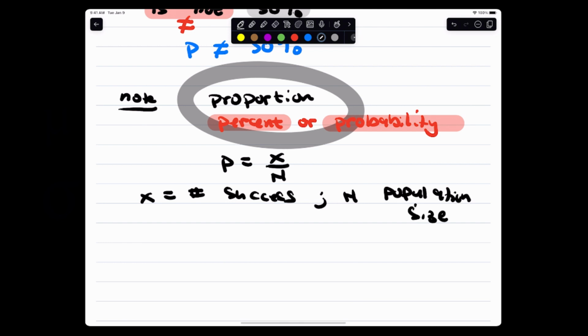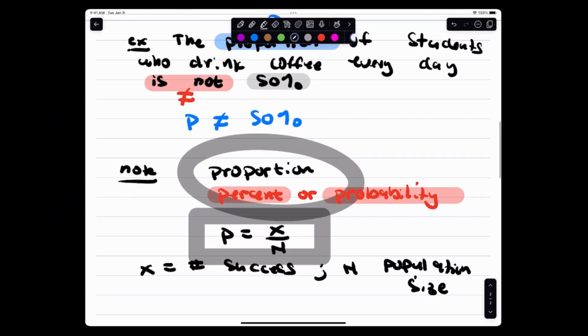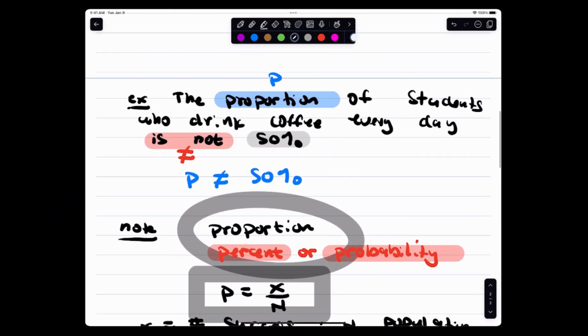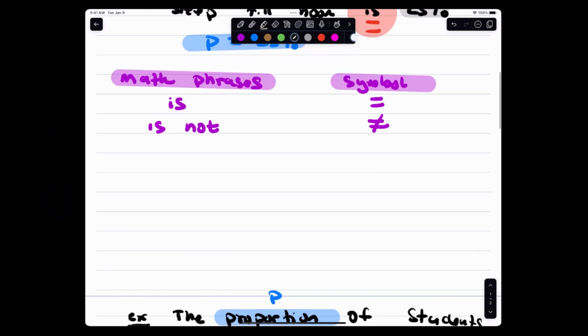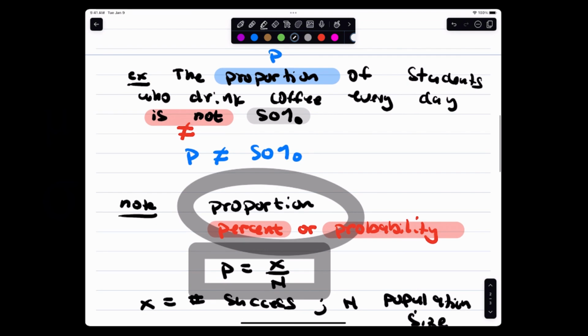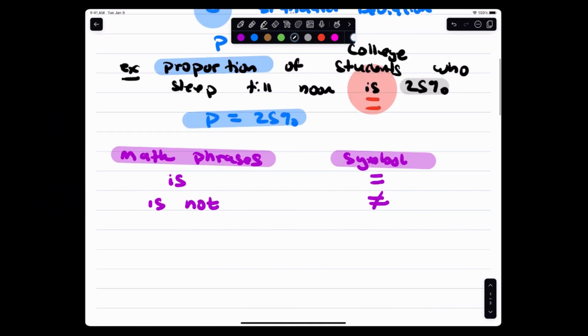It's big N. Okay? All right, you guys okay with that? What else do we have here?